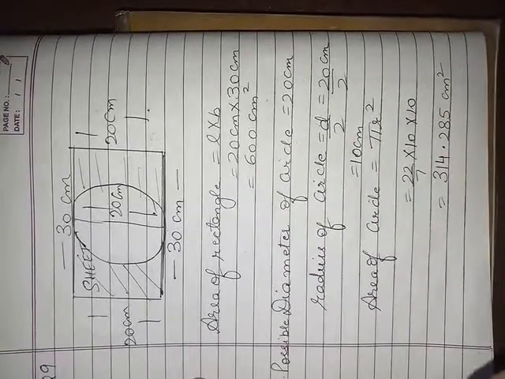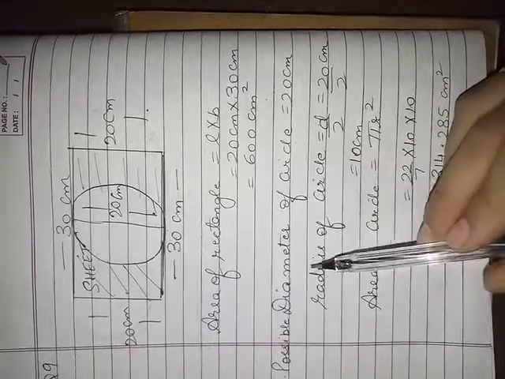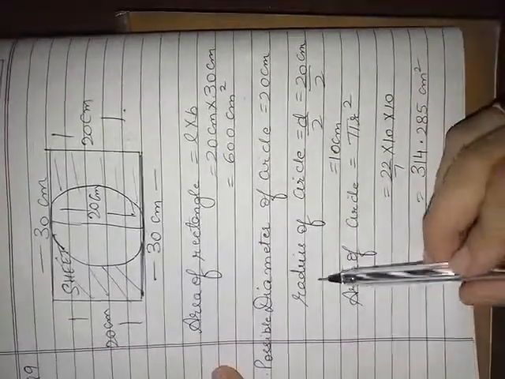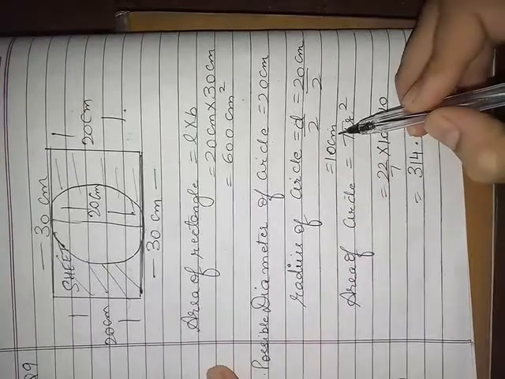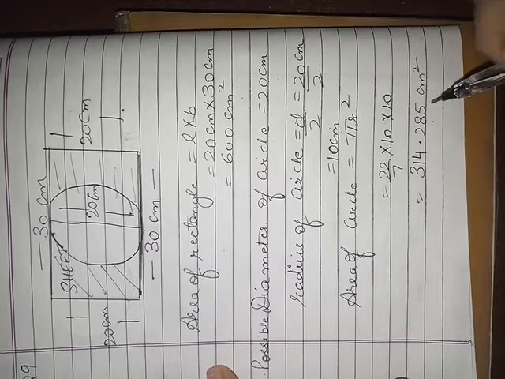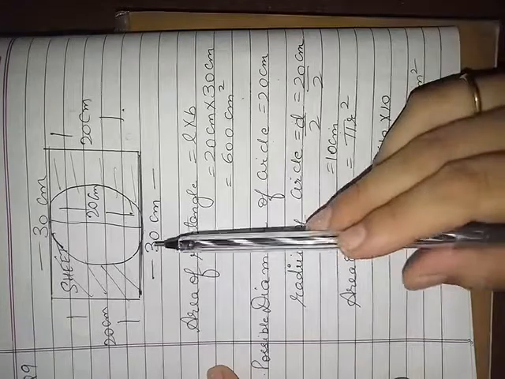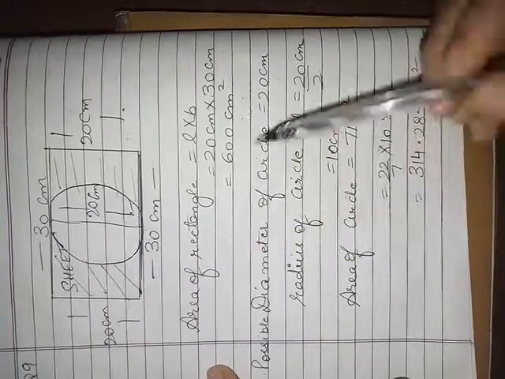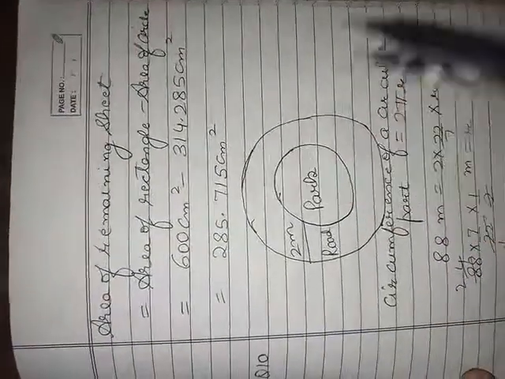You are not able to cut that shape from this rectangular sheet. And if diameter is 20 centimeter, radius will be diameter divided by 2. Here radius will be 10 centimeter. Find the area of circle, that is 314.285. Now to find the area of this remaining portion, we will subtract 600 minus 314.285. So this is your required result.